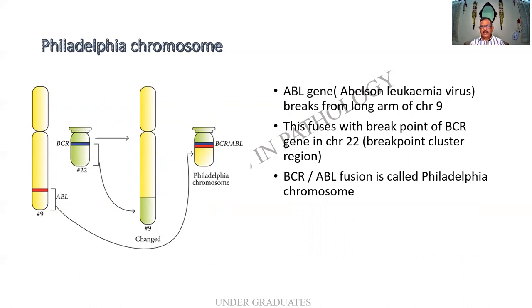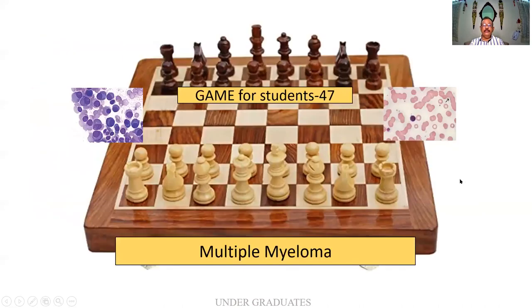Hence, we call it a reciprocal translocation. Ultimately, the defective gene that is formed is called the ABL gene, or the Abelson leukemia virus gene. And when there is a fusion, it is called a Philadelphia chromosome.